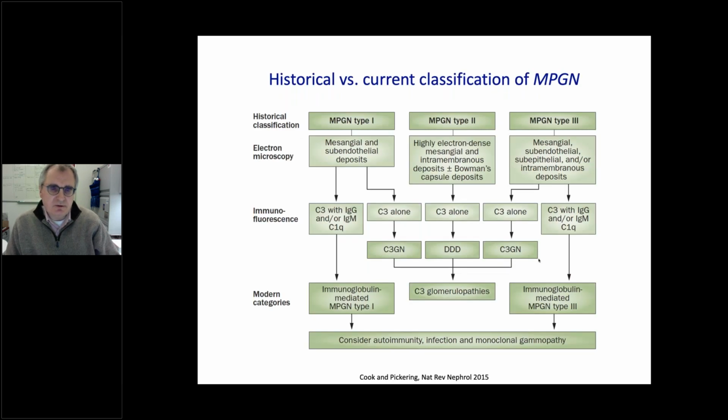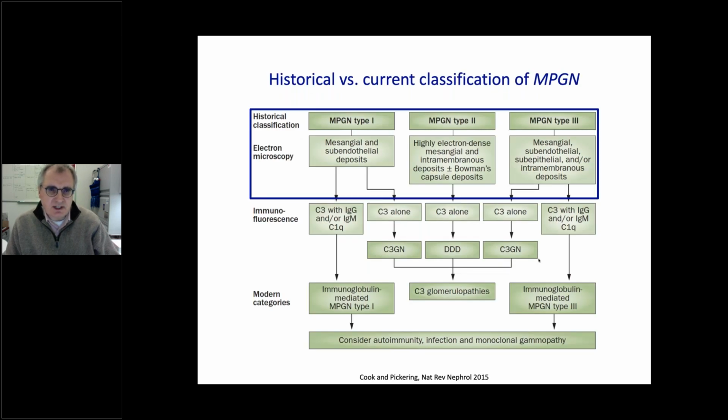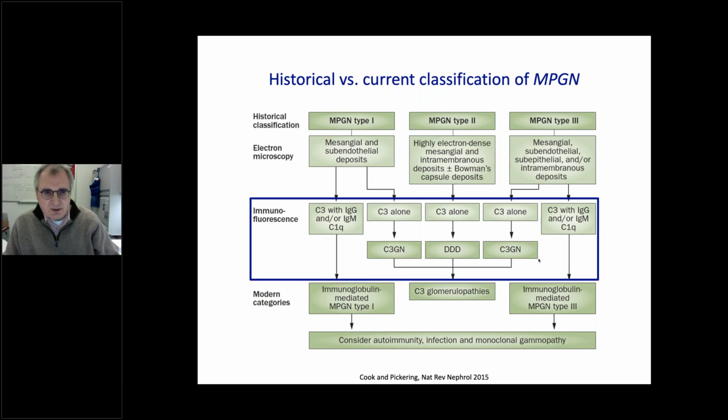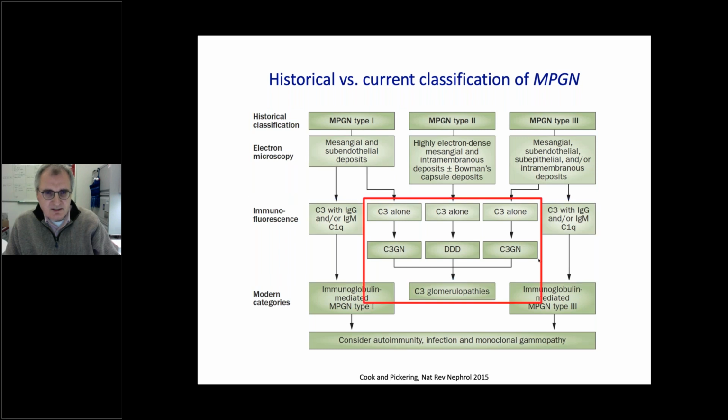And so we moved from the historical classification with these 3 types of MPGN, according to electron microscopy findings, to a classification that appreciated that we had a subgroup, a core group of patients in whom the appearance of C3 on immunofluorescence was really a lead feature.